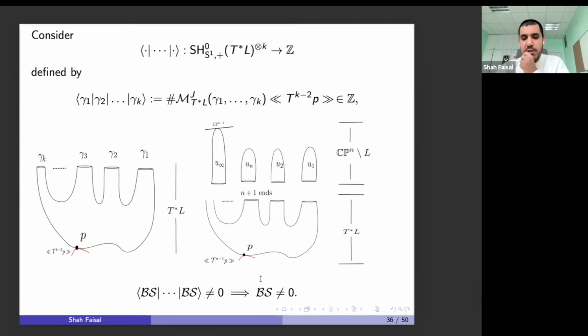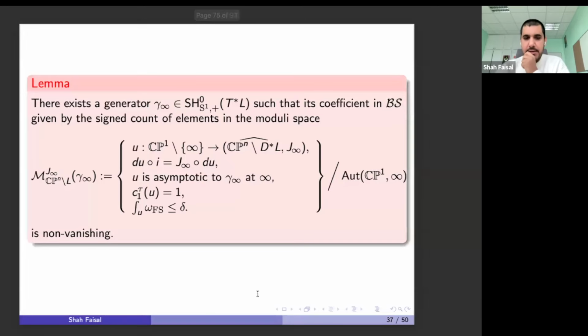In particular, it doesn't vanish, which leads to the following lemma: there exists a generator such that its coefficient in the Borman-Sheridan class, which is given by the sign count of this moduli space, is non-vanishing.